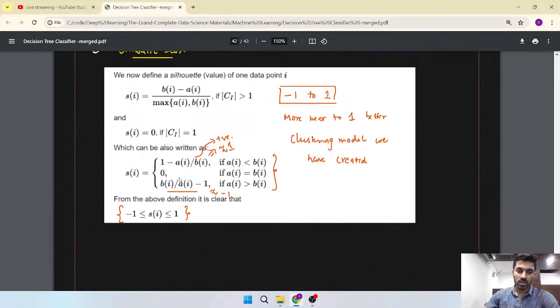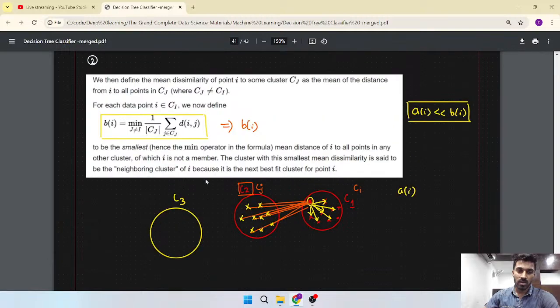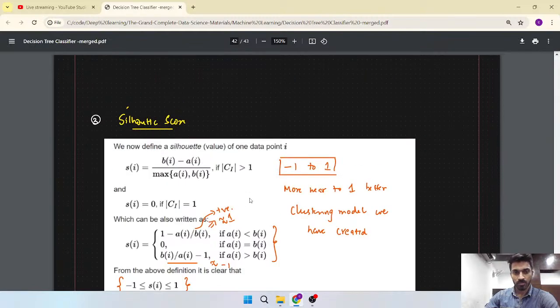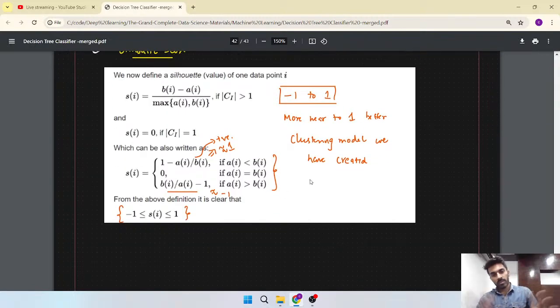Now the question is: suppose a(i) is greater than b(i), or b(i) is greater than a(i), which model is good?